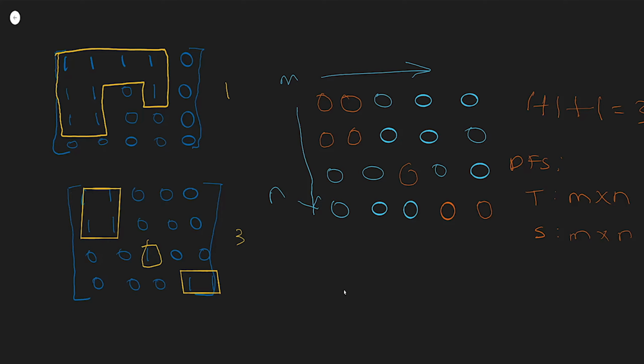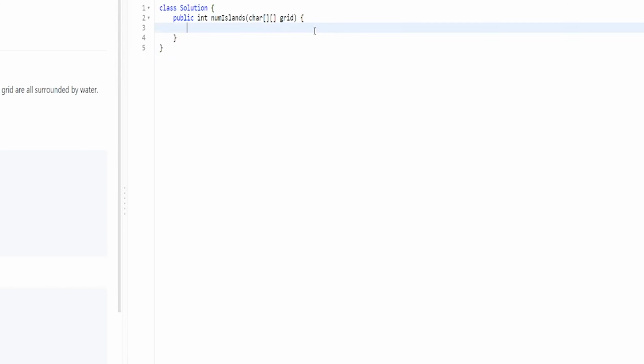Now let's quickly go over the implementation. Now let us implement the DFS for the number of islands. The first thing is the result. Let's declare a variable, result, equal to 0 and check for the valid cases of the inputs being provided.